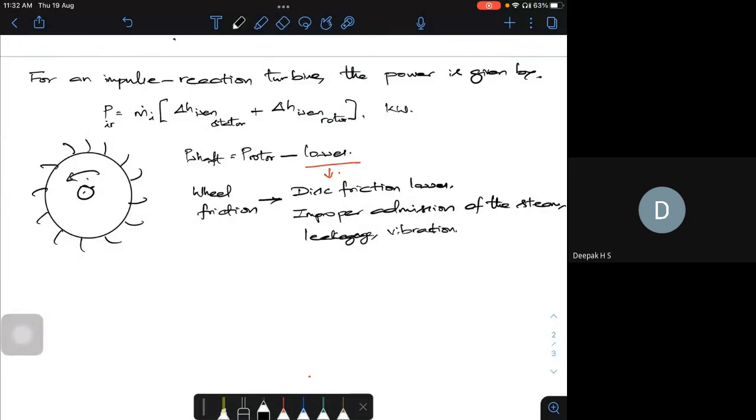All the losses we see will lead to a drop in your shaft power. If I'm able to overcome these losses, they should be minimized as much as possible.